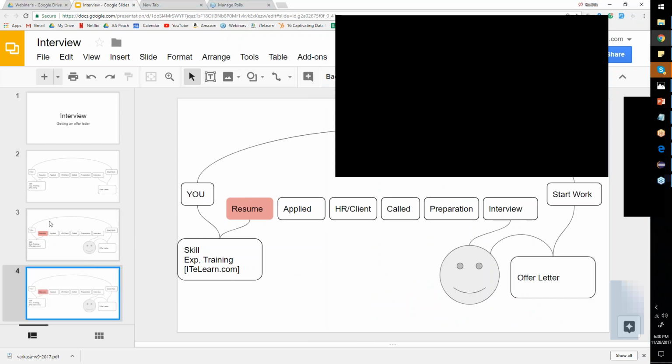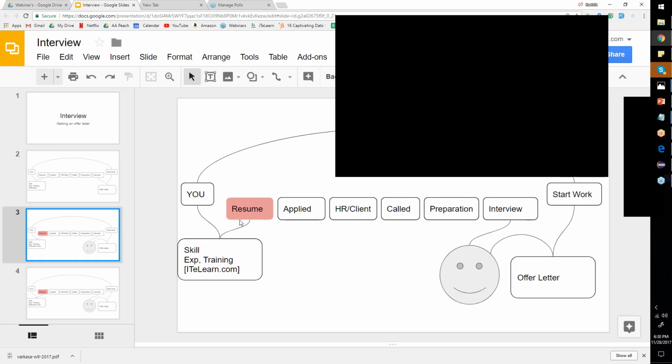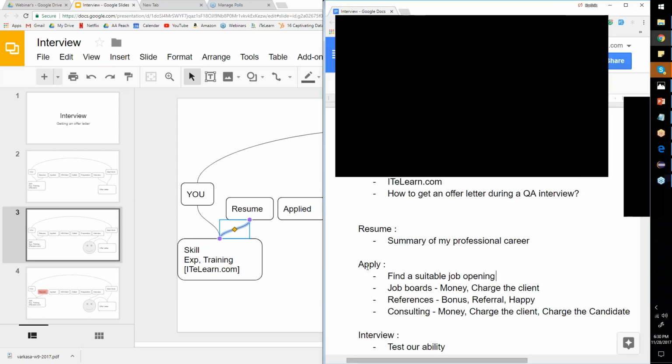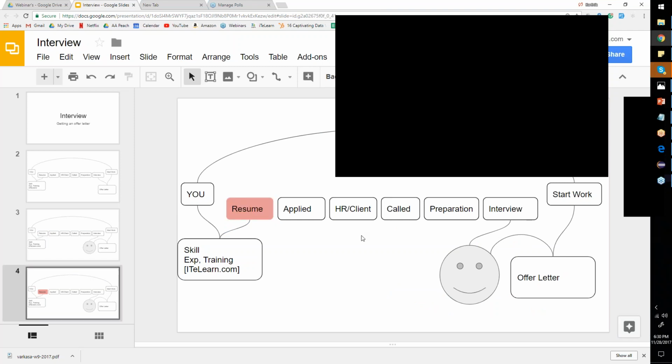What is it that we look for when we apply for a job? First thing, what do we look at? Requirements, salary, location, everything, correct? There's something we look at in between. Skill, match, everything.